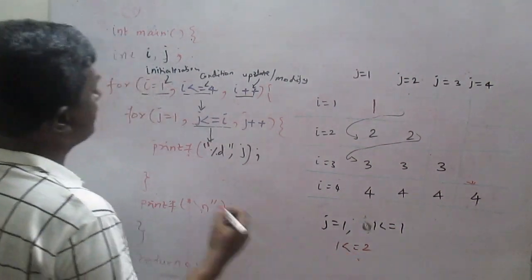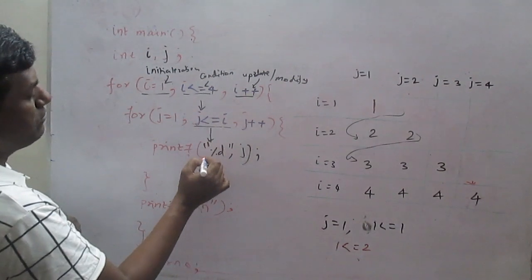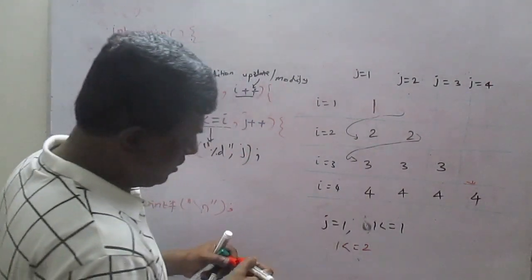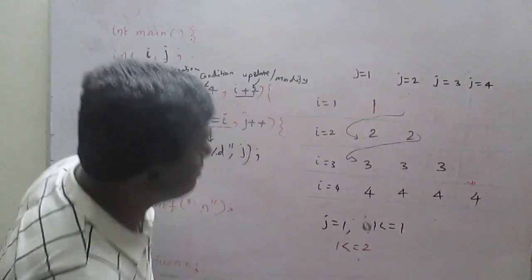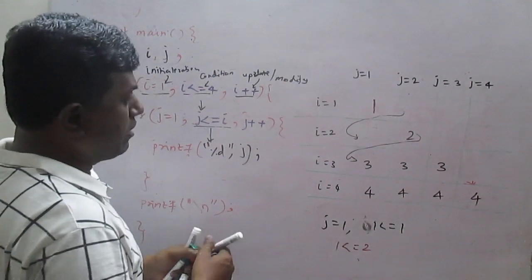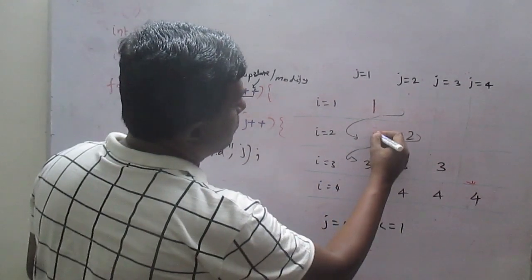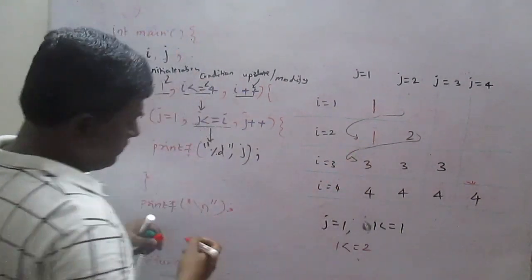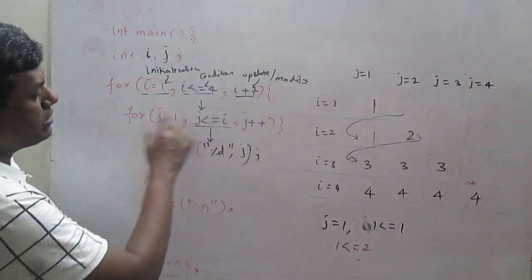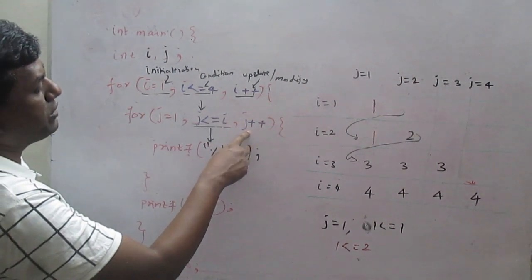Yes, the condition is true, so we enter here. Now j is 1, so instead of 2, 1 will be printed here. That is what we have to understand. After printing 1, we go back and do the increment.